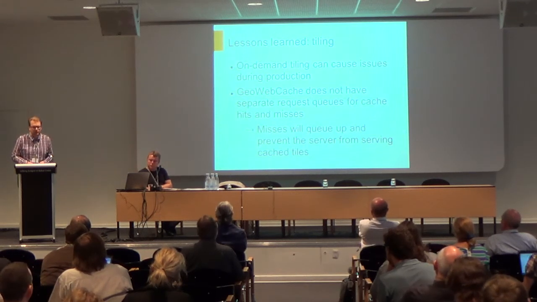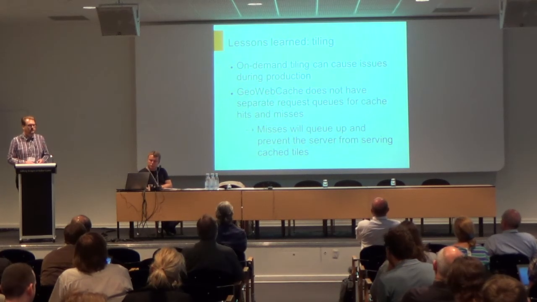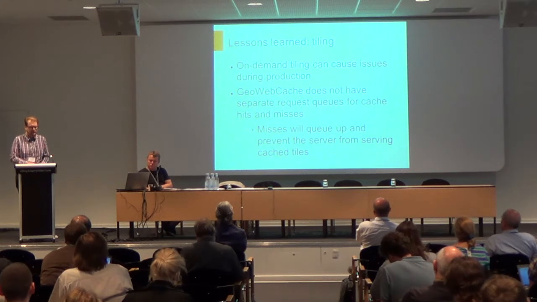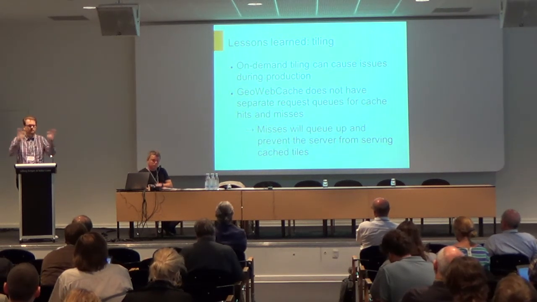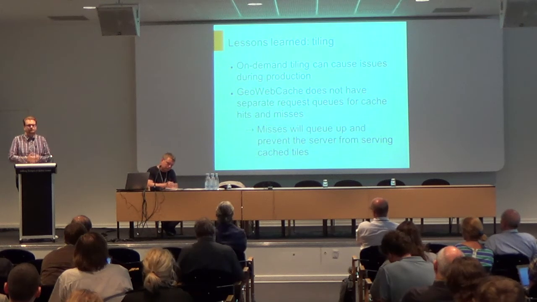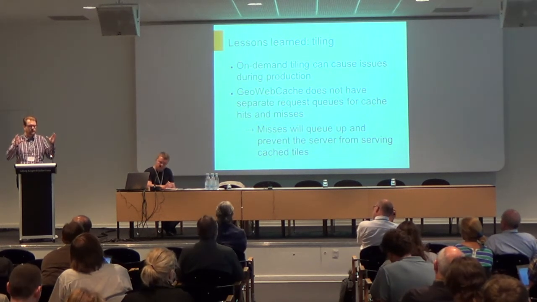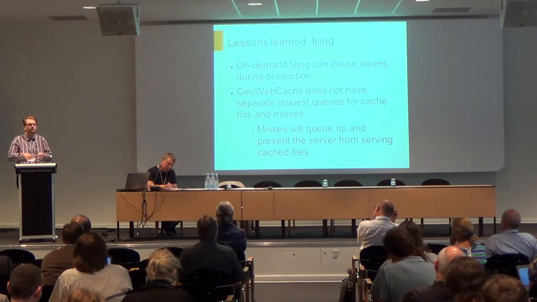And there's a deep reason for this, which is a lesson for everyone using tiling services. The problem is that GeoWebCache has a single queue. Imagine all the requests going into a queue, and you have a fixed size for the queue. Now the requests which are already tiled will be really fast, but all the requests which require tiling will be slower and slower and slower.